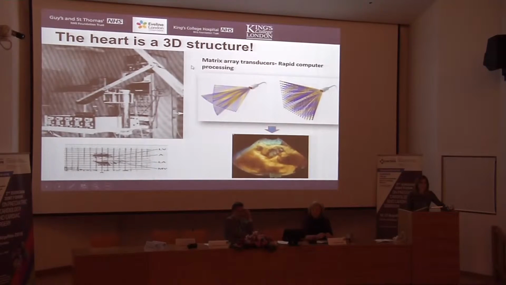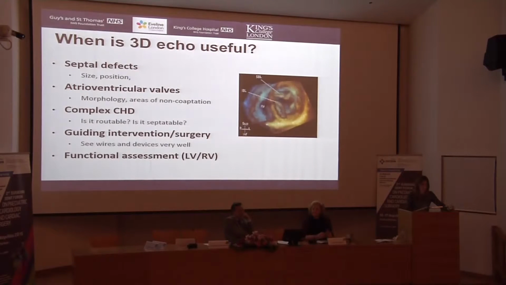Now we can use matrix array probes with small footprints that can be used in children, and we also have rapid computer processing. We can have very good image quality and very rapid analysis. We can even follow the cardiac anatomy in real time, assess the cardiac function, and also the hemodynamics.